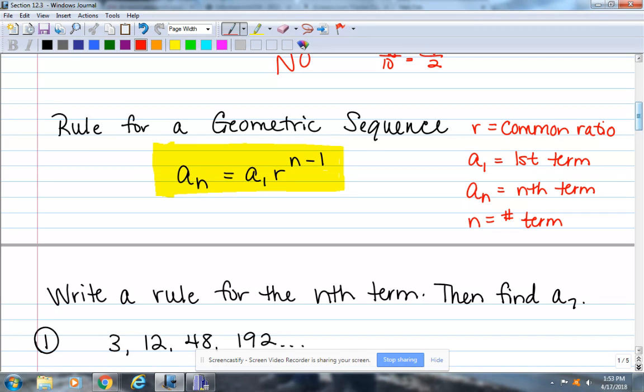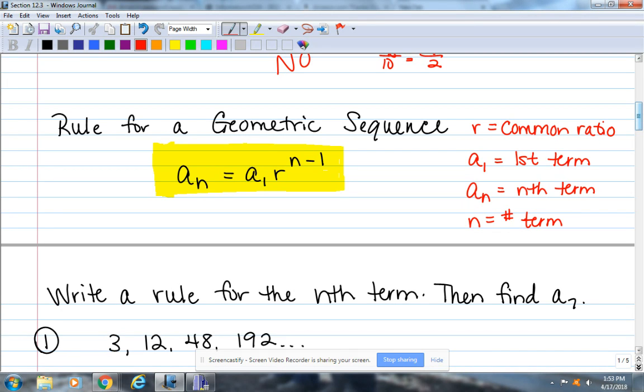Now what does a sub 1 mean? Yeah, a sub 1 is the first term. So a sub 1 means the starting term, times r, and we said little r is our common ratio. That's the number we're multiplying by every time. And then to the n minus 1. N is the number term we have.